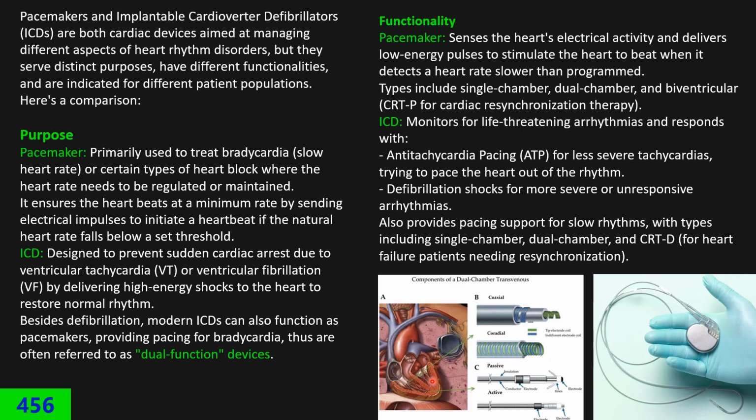From that aspect, there are two types of anchoring or implantation of the tip of the wire to the myocardium. One type is active: it has a spring at the tip that is embedded inside the myocardium, 1 to 2 millimeters, sometimes 3 millimeters. The passive type has some kind of hook or tine that anchors between the trabeculae in the right ventricle.